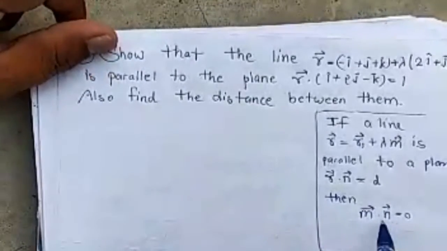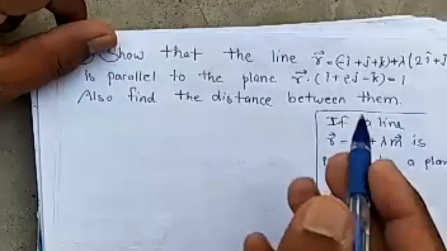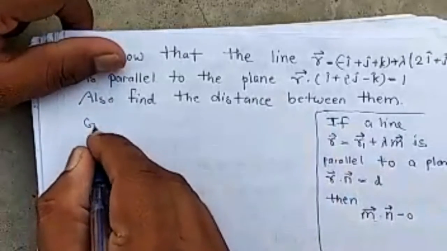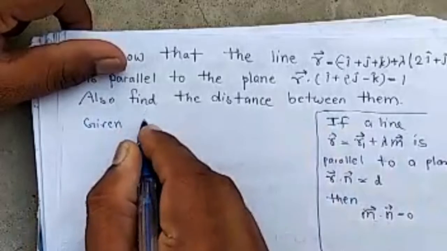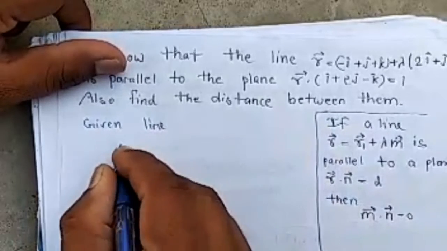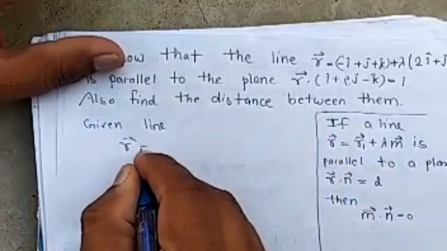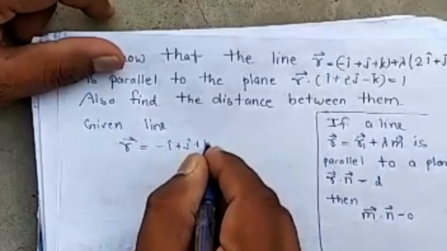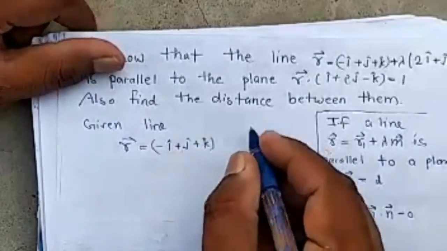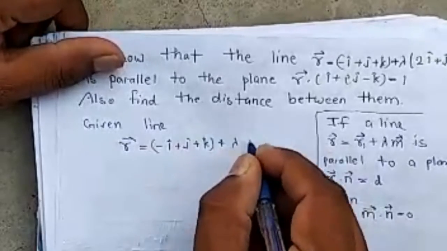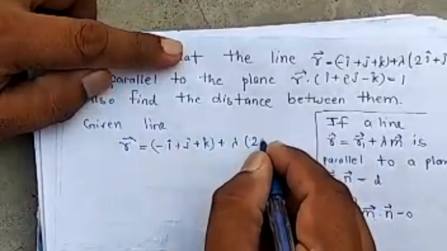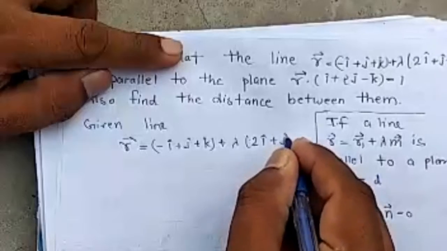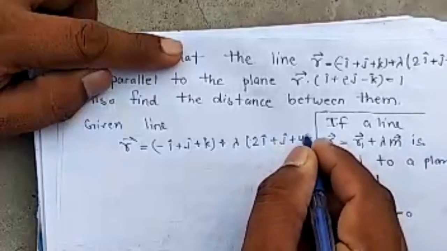Means we have to show that m vector dot n vector equal 0, given line r vector equal minus i cap plus j cap plus k cap plus lambda (2 i cap plus j cap plus 4 k cap).